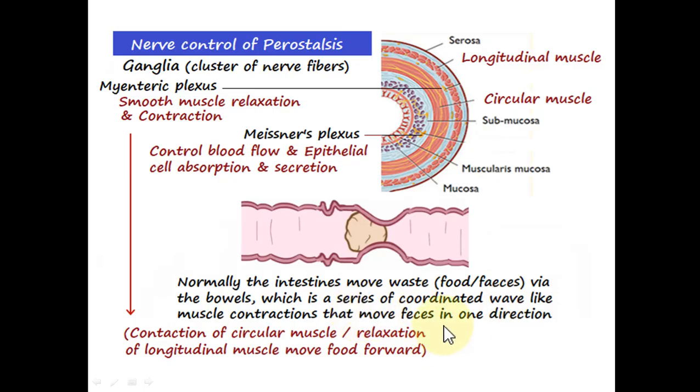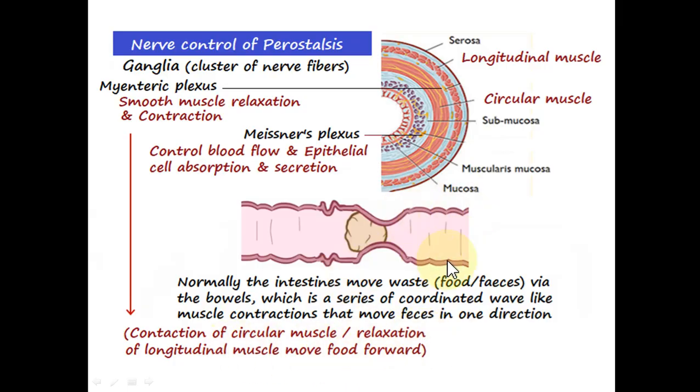As we know, these are a series of coordinated wave-like contractions, and we say that these are peristaltic contractions. Basically the myenteric plexus causes contraction of the circular muscle, while it causes relaxation of the longitudinal muscles.